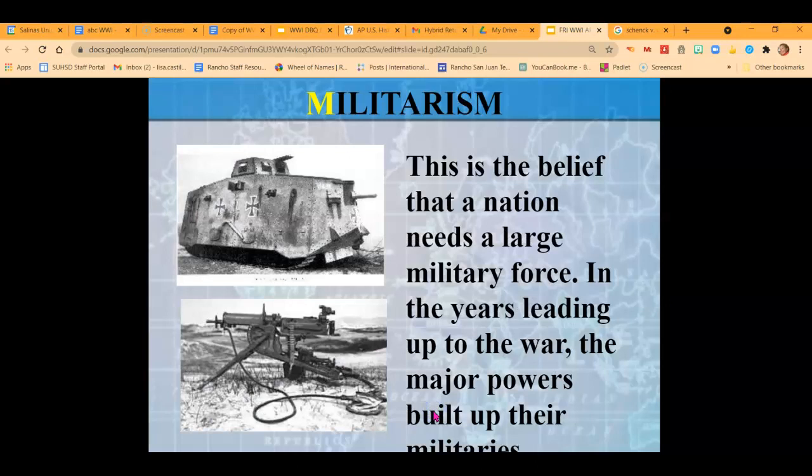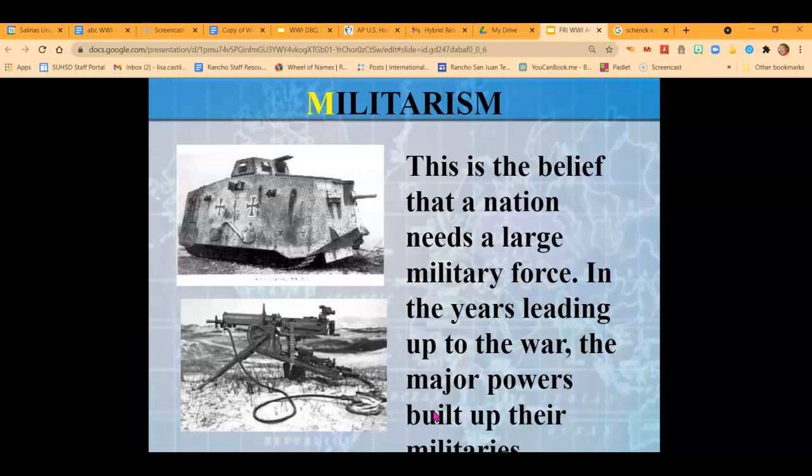M. Militarism. Militarism is going to be another cause for the breakout of World War I. Remember that most of European nations at the time were imperialist. They were also building up their military. Now, if the Germans are going to build up their military, well, then the British are going to look and be like, maybe we should build up our military too, just in case.